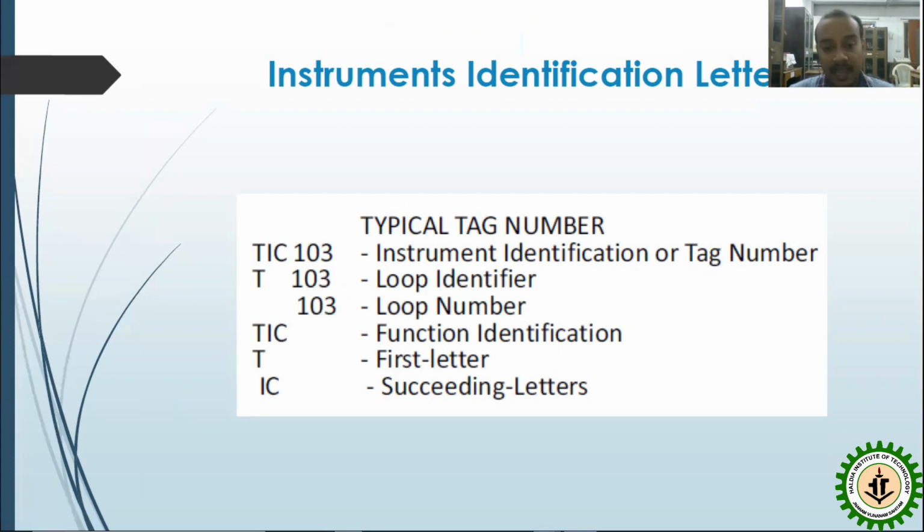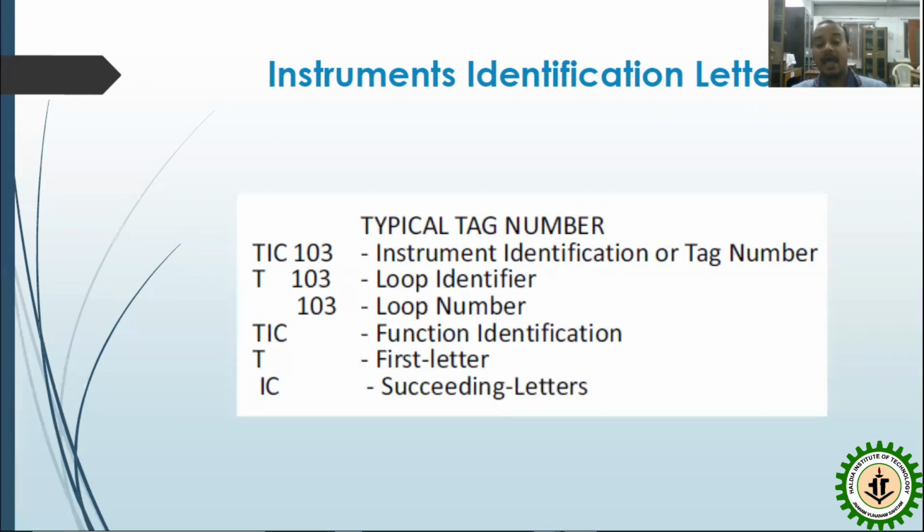So here we have taken an example through which we try to understand. This is written over here as TIC 103. What is the significance of this TIC 103? It is written as instrument identification or tag number. So from this tag number, what information can I absorb? First of all, T103 will give you the information of the loop identifier, which type of loop it is.